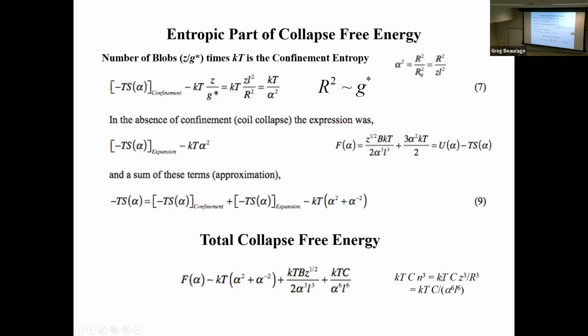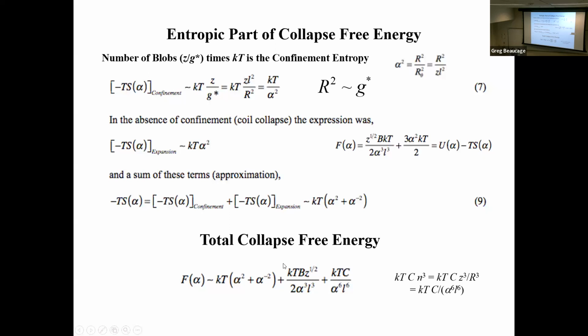And if you convert volume fraction cubed into alpha, so you have z cubed by r cubed, that's a volume fraction cubed. Then r cubed gives you alpha to the 6, because alpha is proportional to r. Somehow it works out to alpha to the 6, because z gives you r squared or something.